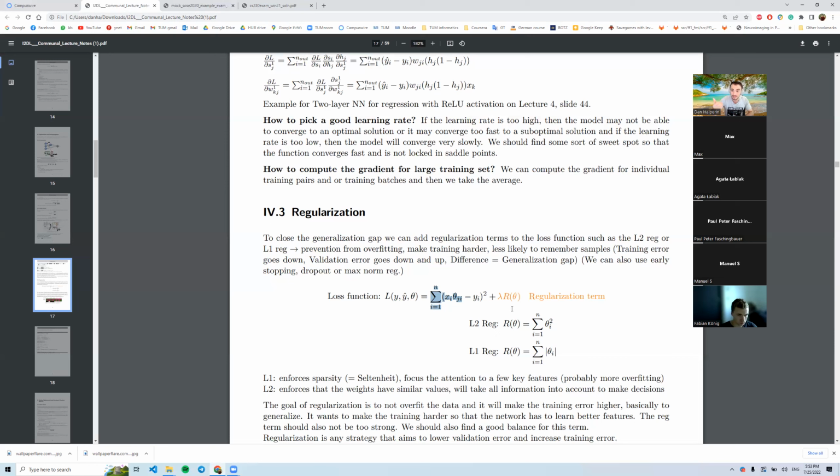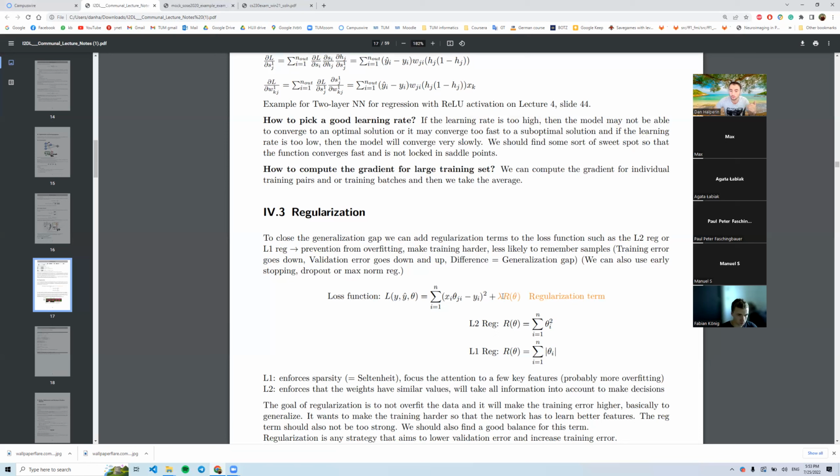You take the weights. It doesn't matter if you do it here, if you put it at the end, as long as you put all the weights from the network here, or you do it at every layer. But eventually, all the weights of the network need to be pushed with this regularization term.